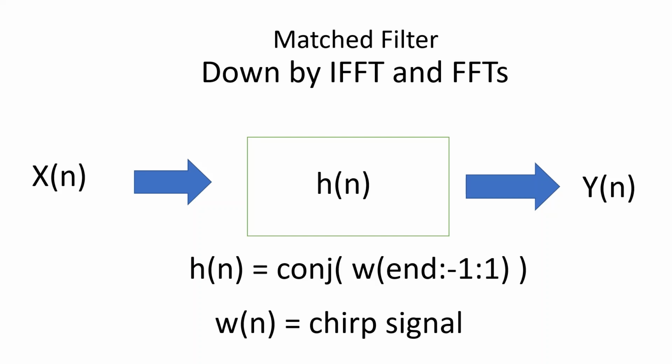That's what that n-1 means, is I'm flipping the vector backwards. That's it. That's a definition of a matched filter. It's used extensively in radar, sonar, digital communications. Anything with a known signal is going to have a matched filter on the receiver side to essentially pull that out of the noise and get the best SNR possible.